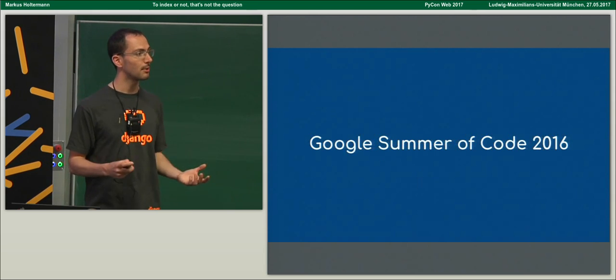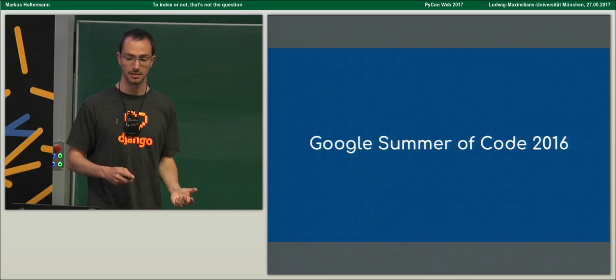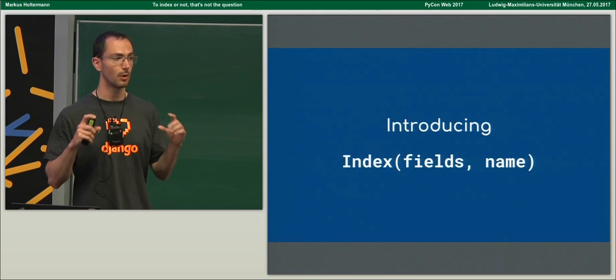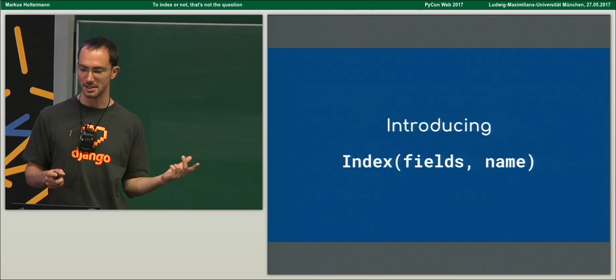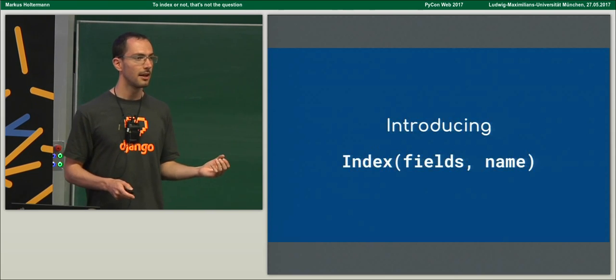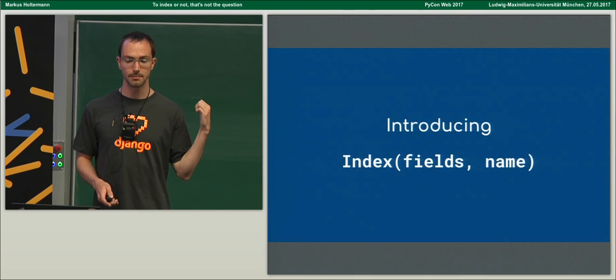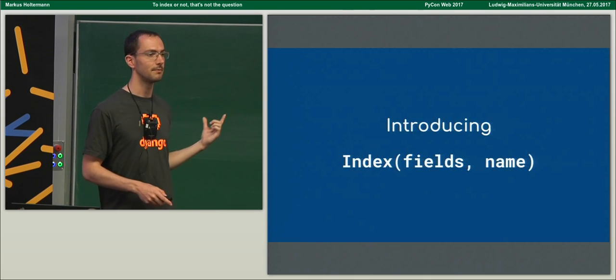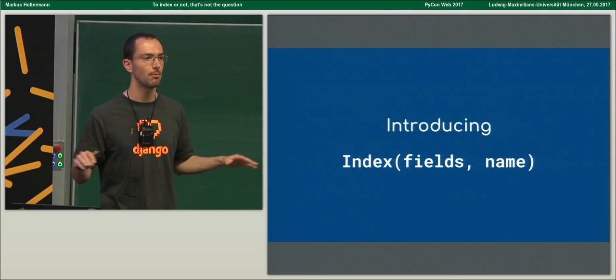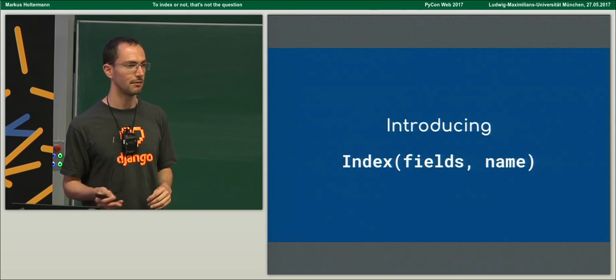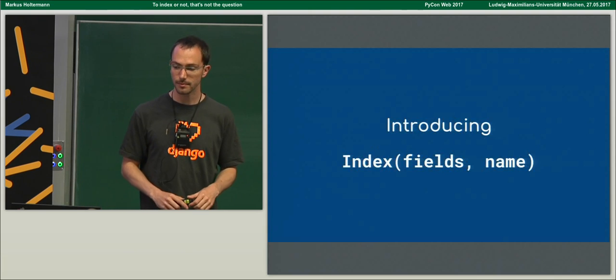It doesn't sound like much, but the result of this is essentially this one class, django.db.models.indexes.Index. It takes a list of fields, and it takes a name. This is the very basic API that Django 1.11 ships with.